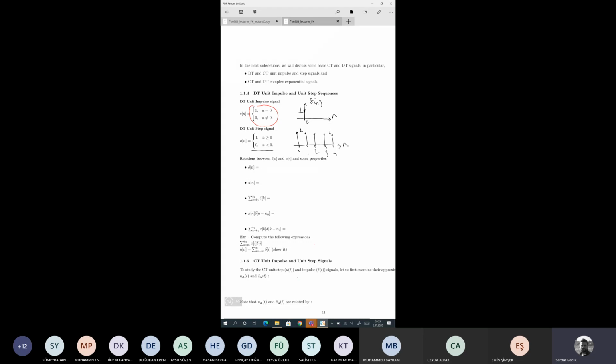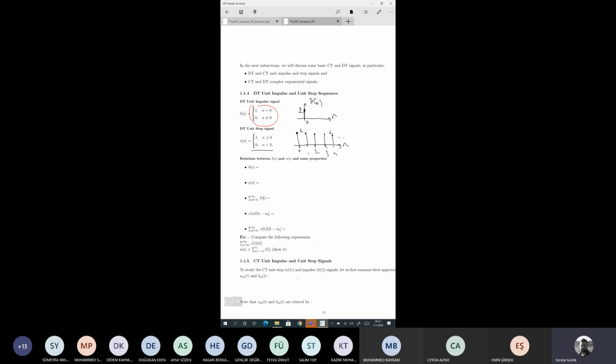So these are all 1, and it goes on like this. These 3 dots represent that it goes on till infinity. These are very easy and very basic signals. They are quite important for us. We will see them especially when we study convolutional operations.